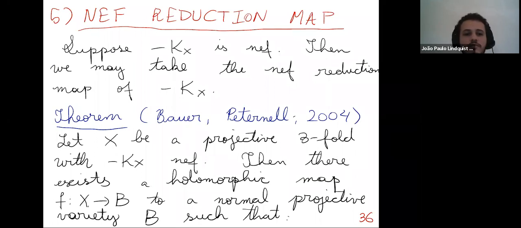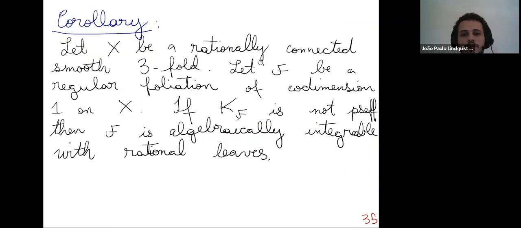I was only able to show this when the anticanonical bundle of X is nef, because in this case I have a map which helps me to arrive at a contradiction. So I want to show that in all cases, the canonical bundle of the foliation is not pseudo-effective. So I want to show that the other case is impossible.